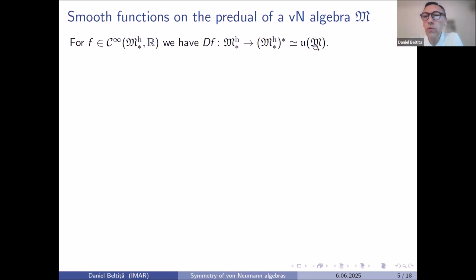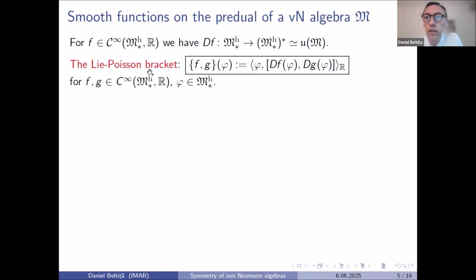As this map takes values in a Lie algebra, we can perform the following construction, the so-called Lie–Poisson bracket. Namely, if we take two smooth functions like above and an element in the predual, then we compute the differentials of the functions at that point. They will be elements of this Lie algebra, so we can take the commutator.